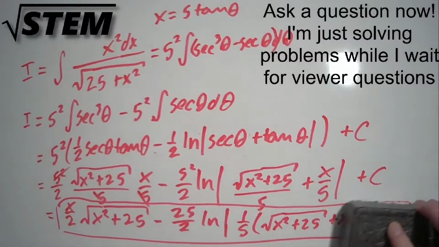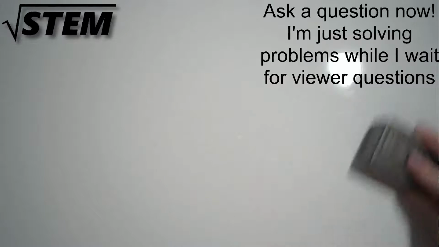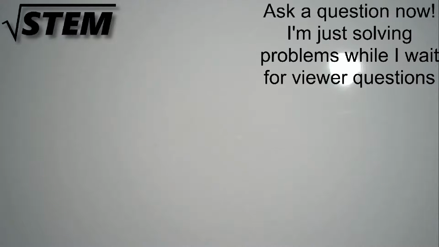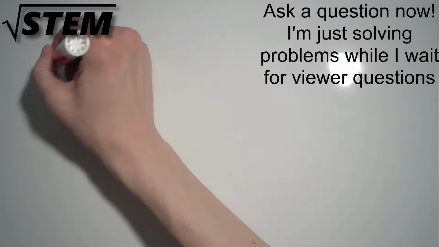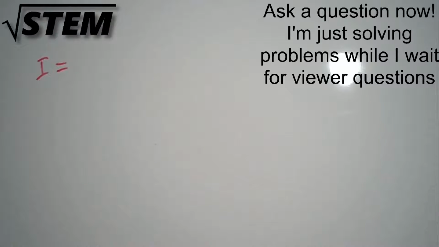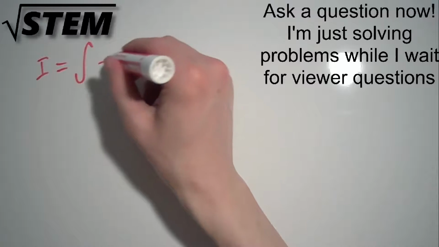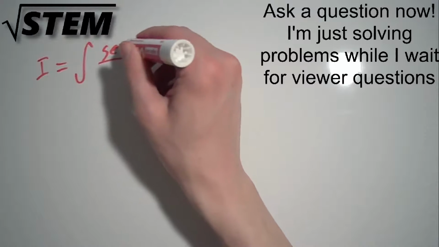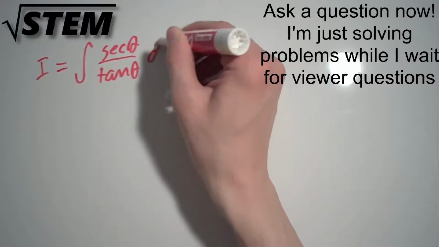Okay. Let's see another one I'd like to try. I think I have an idea of the trick we can use for it. Start with our integral equals the integral of secant over tangent.